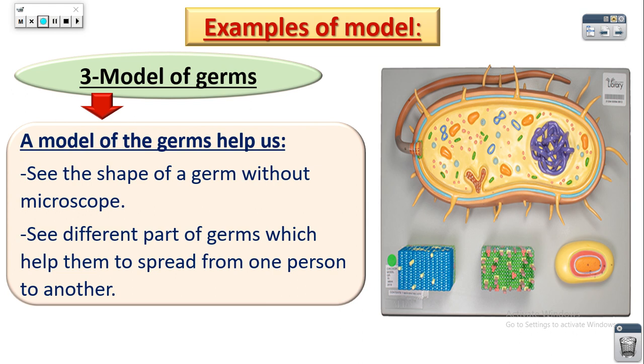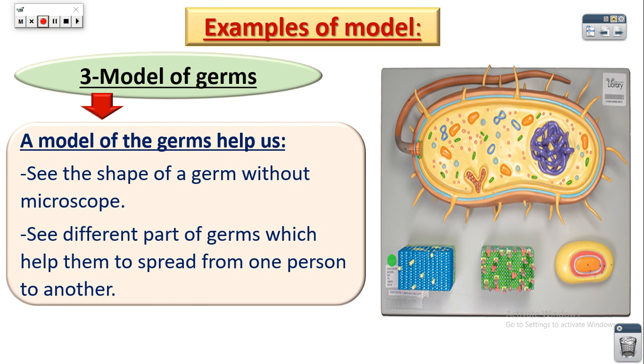Number 3, model of a germ. You remember the germ? Yes, we took it in the properties of matter, which is the volume. Germs are very small matter that we cannot see with our naked eye, and we need a microscope to see them. And to see the components of the germs, we need an electron microscope.